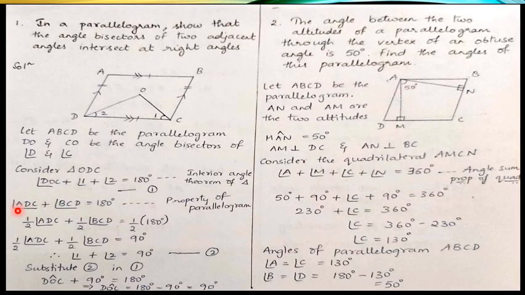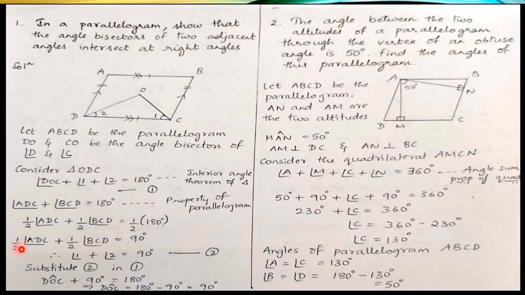For this equation, I will multiply half on both sides, LHS and RHS. So half of angle ADC plus half of angle BCD is equal to half of 180 degree. Half of 180 degree is 90 degree.